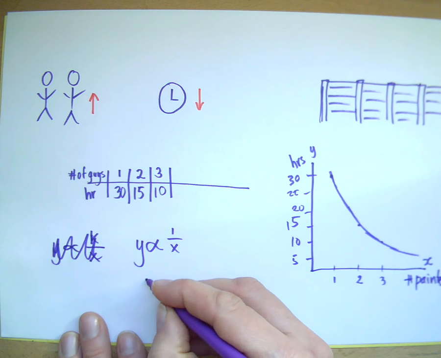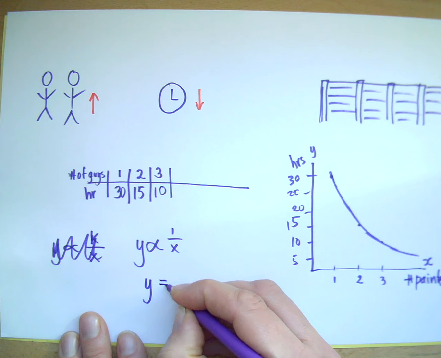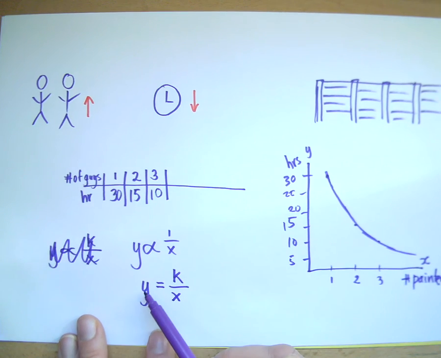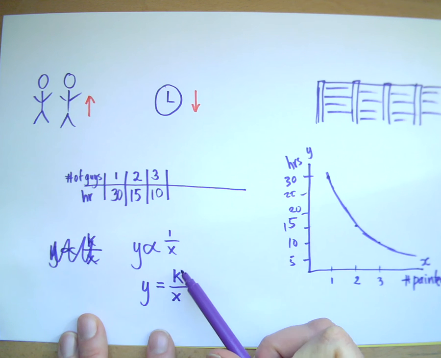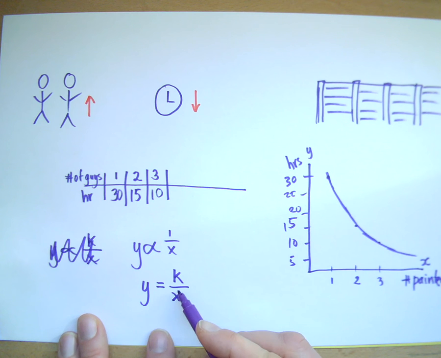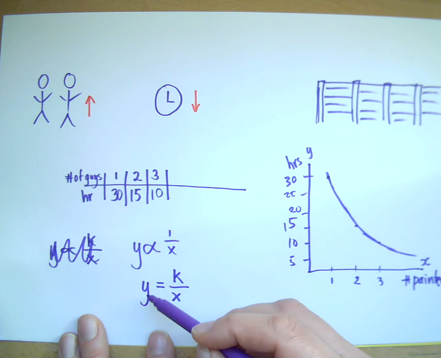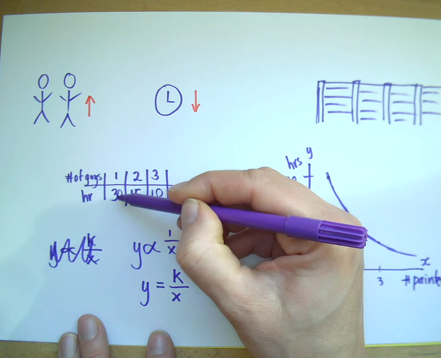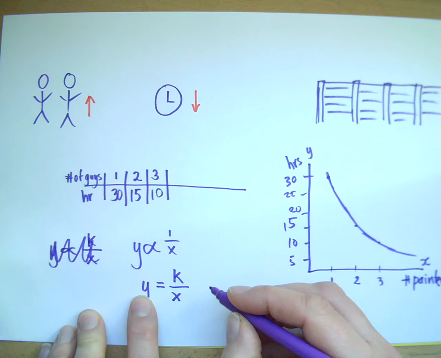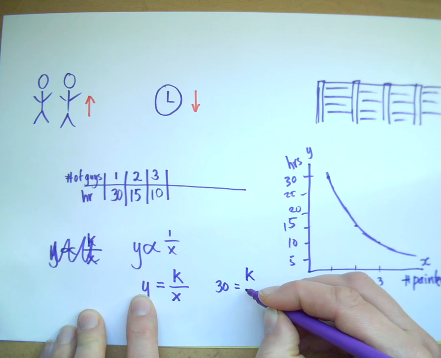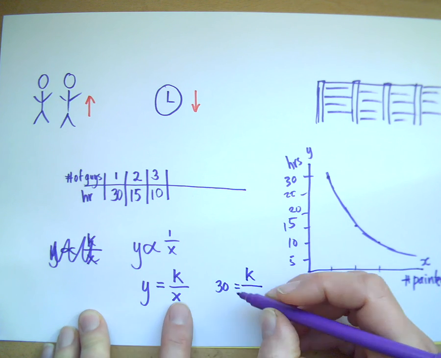So in an equation, that would look like this. Y is always equal to some constant, the constant of proportionality, divided by the x value. In the case of these painting men, y, the number of hours, let's plug in one person, 30 hours. So y is 30, is equal to the constant of proportionality divided by x.